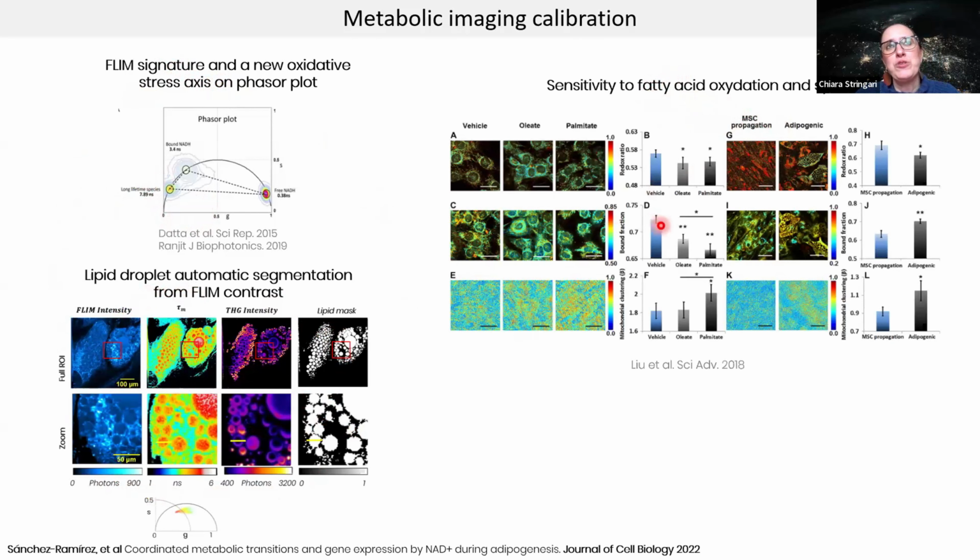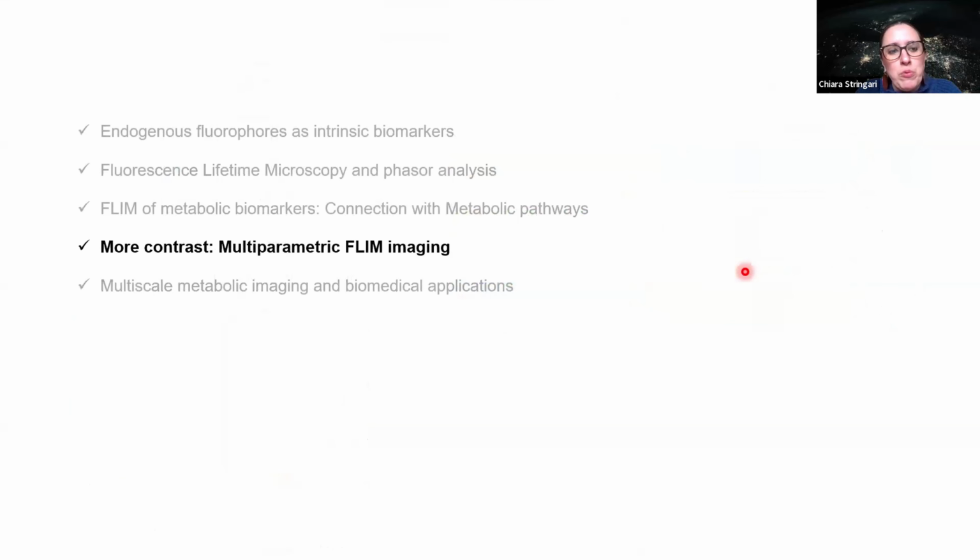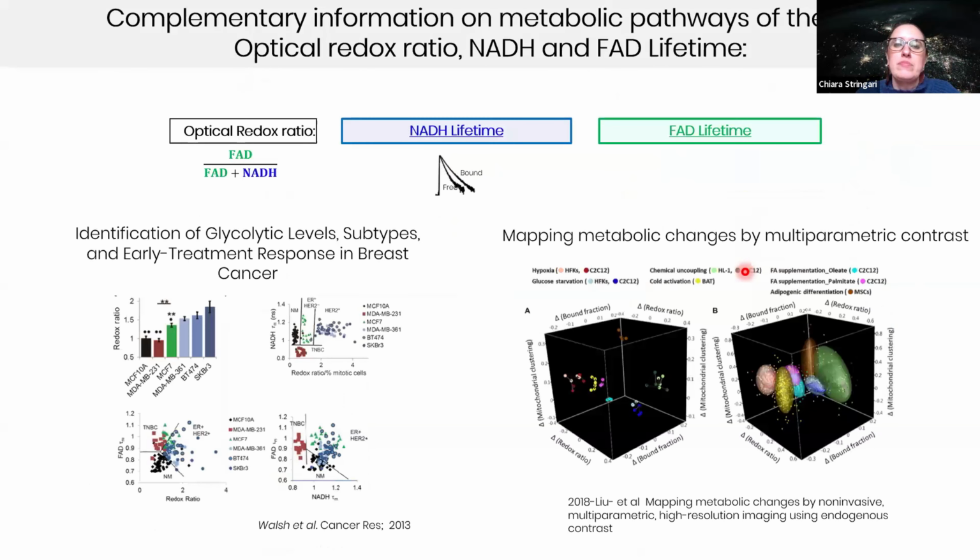So the changes that we observe are not unique to one metabolic pathway. So in order to identify the metabolic pathway in a unique way, we cannot only look at one biomarker, but we need more biomarkers. And so that's why we want to add contrast and have a look at multi-parameters.